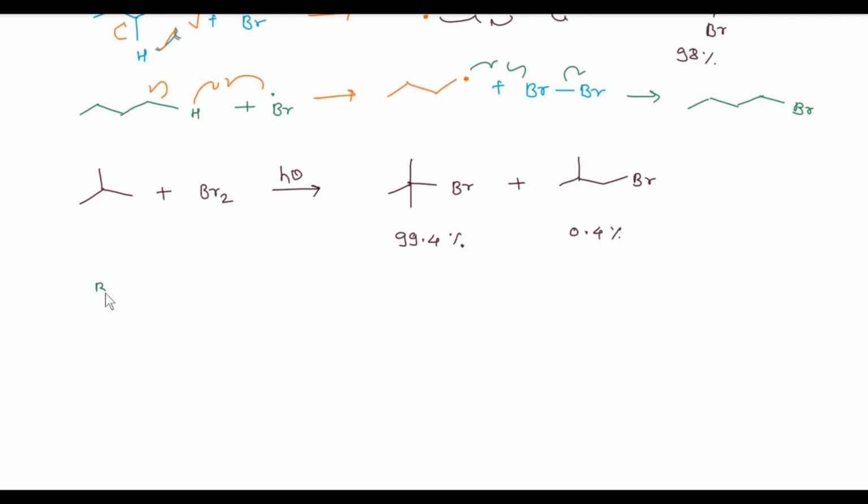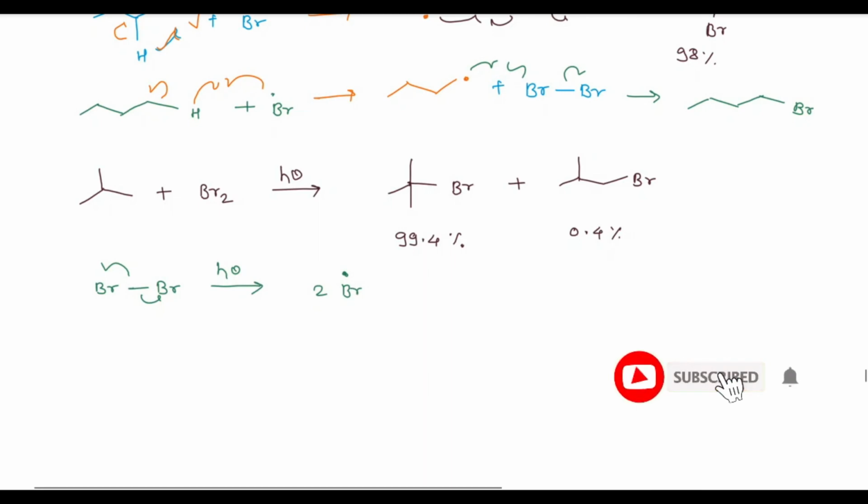In this step, generation of radical takes place, that is Br2 gives 2 Br radicals. This Br radical is treated with isobutane.